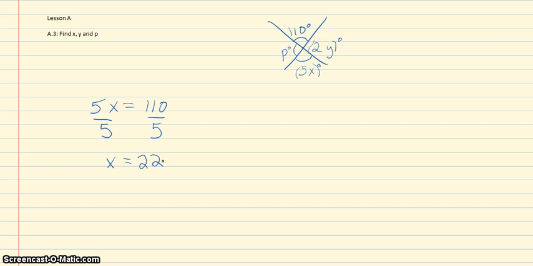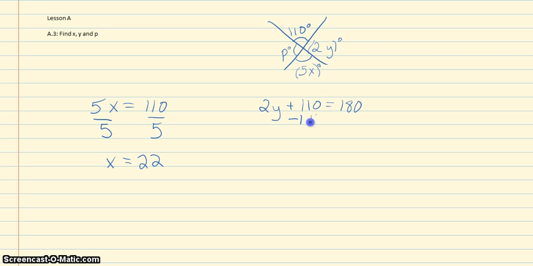Then, to find the y, when I add 2y plus 110, that will combine together to give me 180 degrees. That's how I'm going to set up my formula. So 2y plus 110 equals 180, because they're supplementary angles.